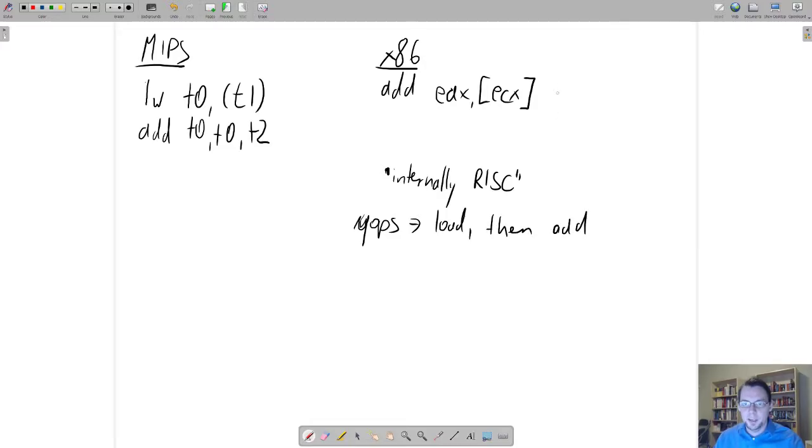And this kind of thing is commonly called in x86 parlance a load op. You can either think of it as talking about this thing here, which is a load operand, or you can think of it as talking about the whole instruction, which is load then operate. I have heard both.